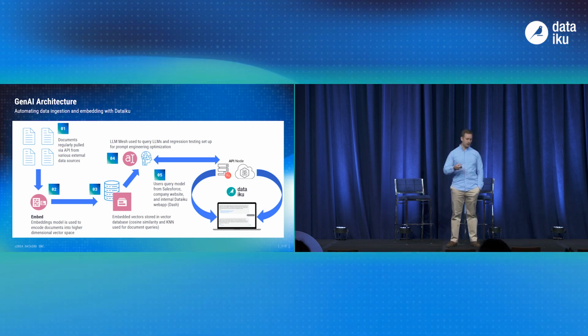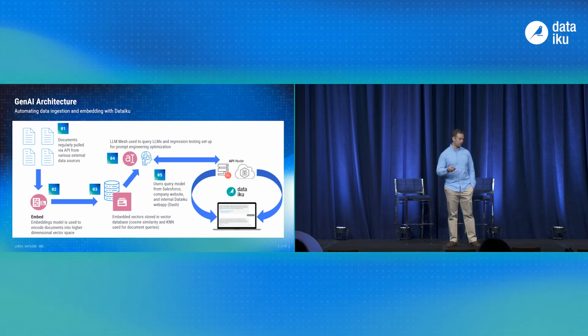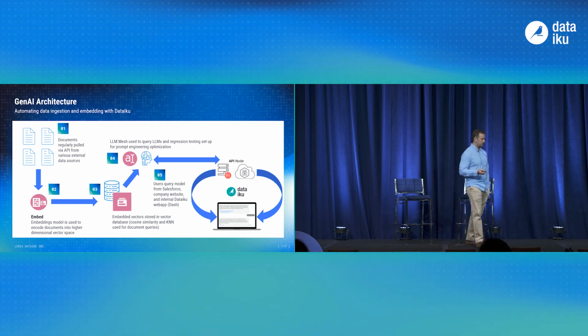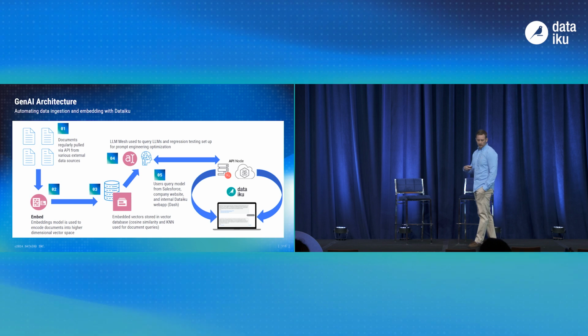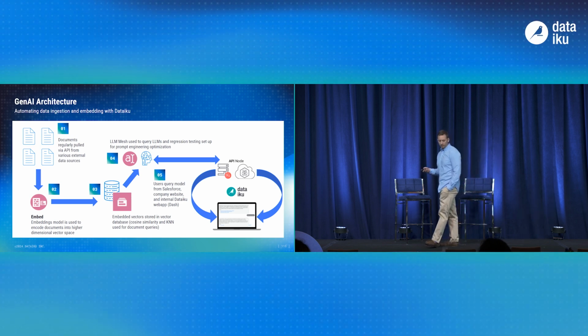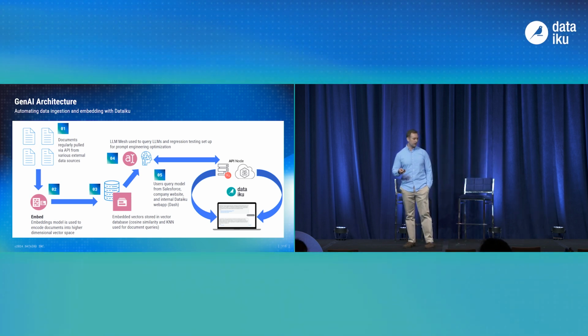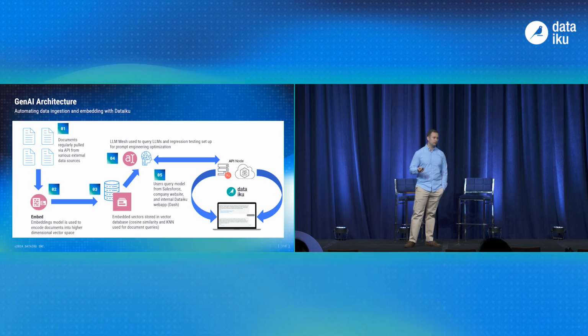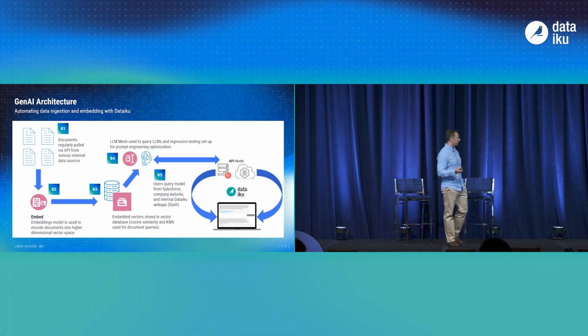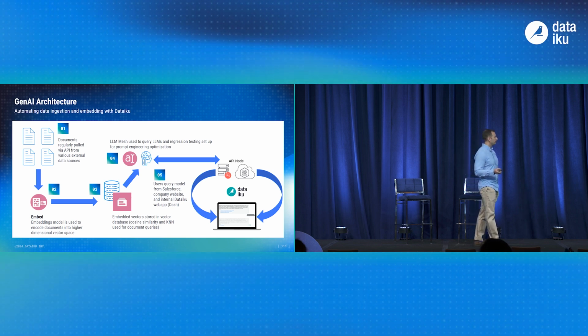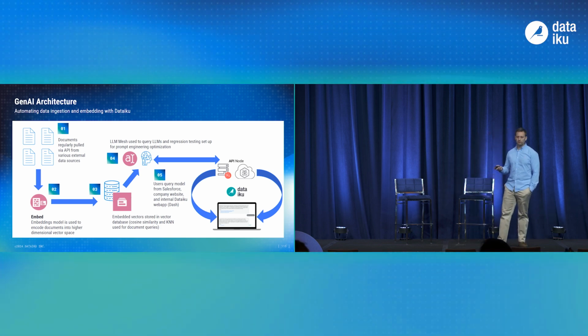But after creating our vector database, which embedded documents, some nuanced decisions to make there, we productionized a LLM solution, set up some regression testing. So we looked through several LLM models, and then the model was ultimately deployed through the API node in Dataiku.